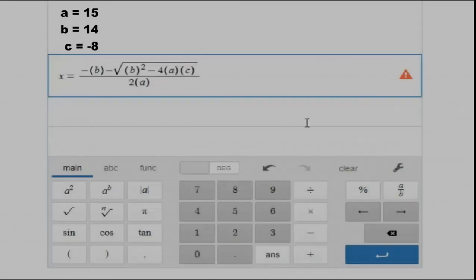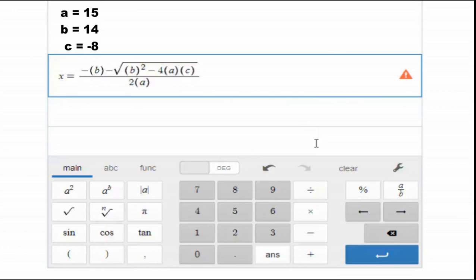Okay, now let's have here the solution for our calculator. No, ganun pa rin, palitan lang natin ng mga letters, no? So B is 14. Our A is 15. And C dito ay negative 8. And yung isa na A ay 15 pa rin.